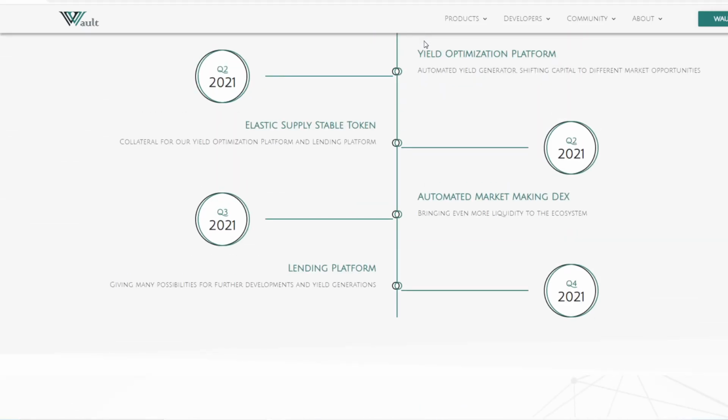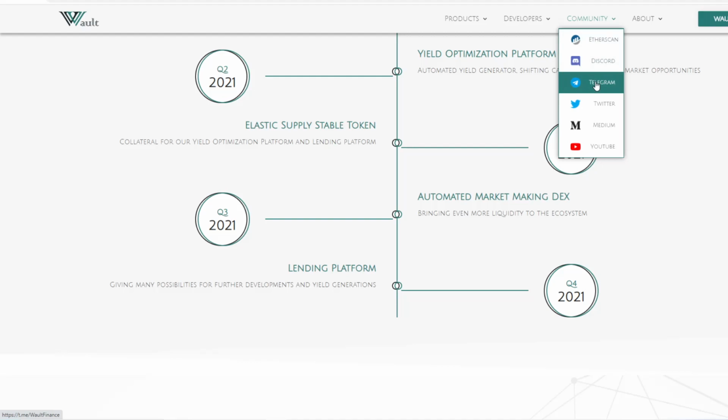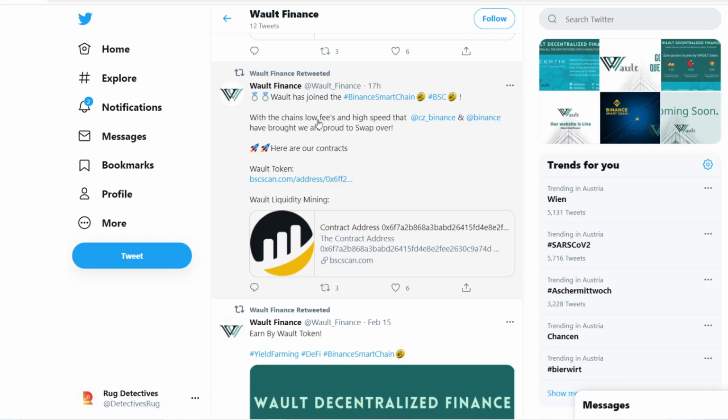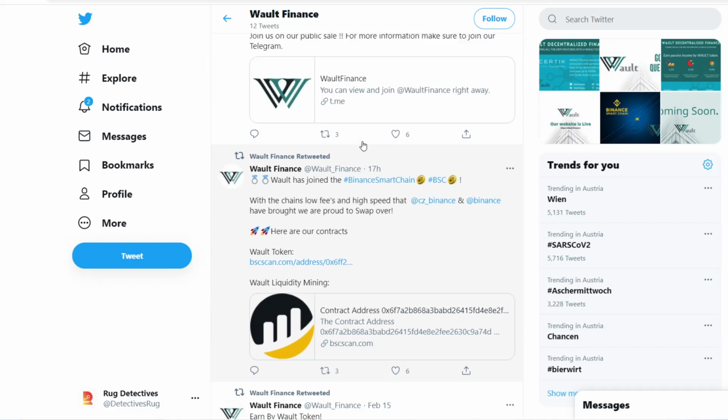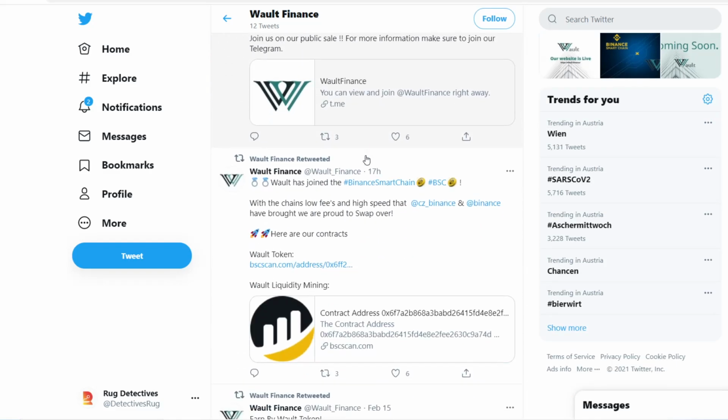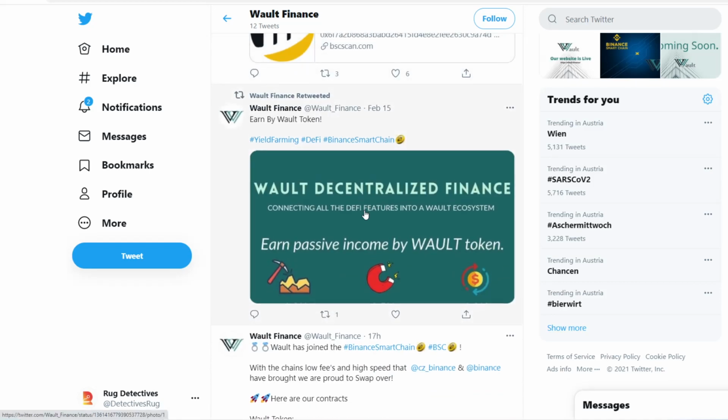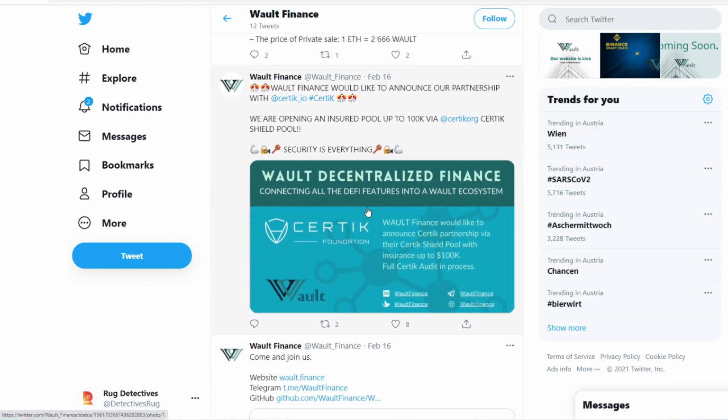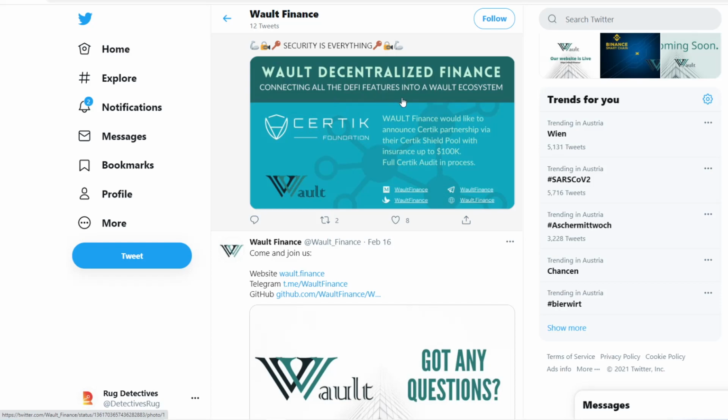If you want to find more information about where we are and how the structure works, we're extremely active on Twitter. If I go to Twitter now, you can see the information we're providing. If I scale down, you'll see Wault Decentralized Finance.